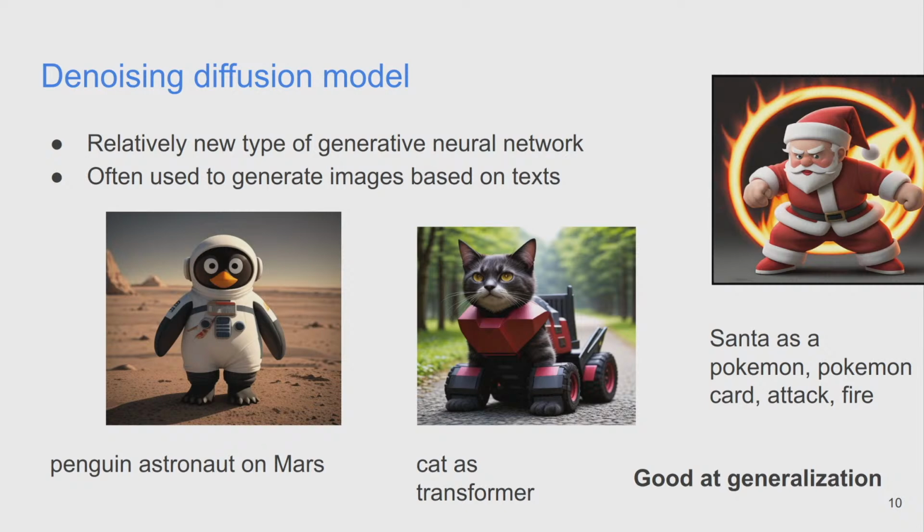So they learn what is the structure in an image, and then you can guide the generation of the image using text. Okay, so I'm pretty sure there is no astronaut penguin on Mars in the training data set, but it still managed to combine this information.